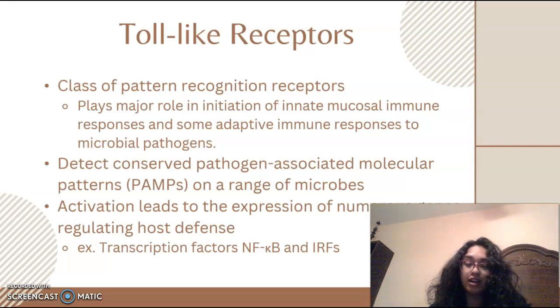In specific, toll-like receptors signal through the recruitment of specific adapter molecules, leading to the activation of the transcription factors NF-kB and IRFs, which then dictate the outcome of innate immune responses.